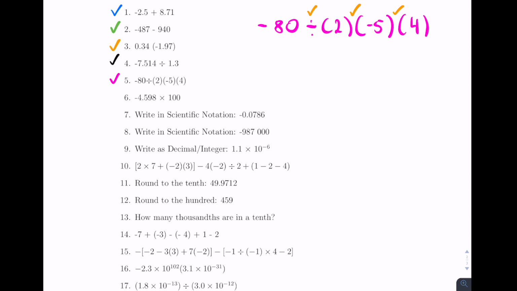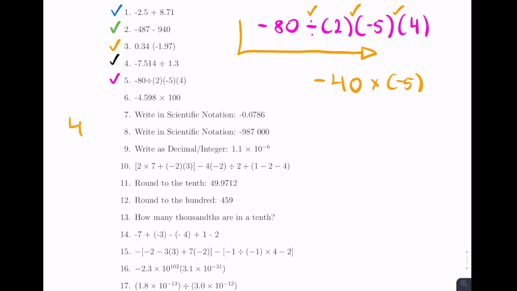So here I'm just going to go in this direction, one by one, always from left to right. This is just one term. Negative 80 divided by 2, okay, so that's negative 40. Then times this negative 5. So negative negative is positive.